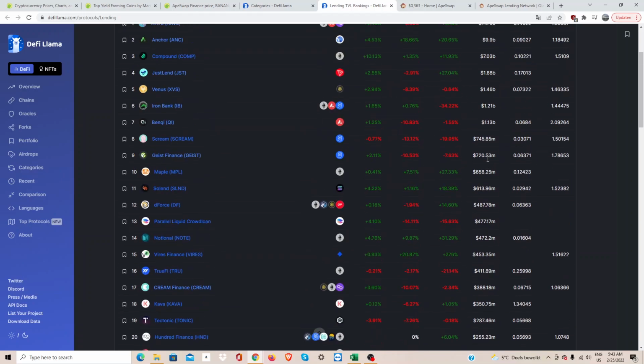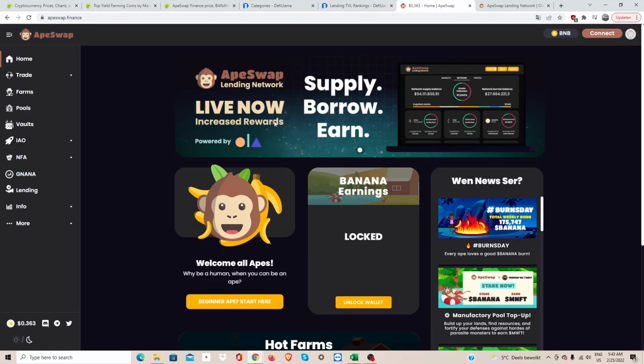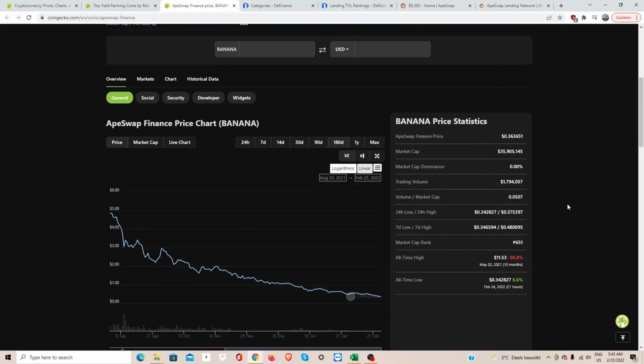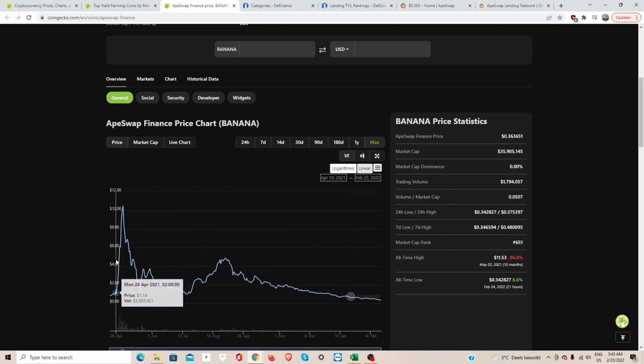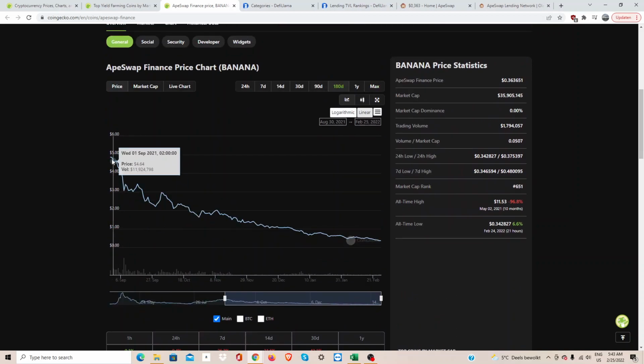And I decided to go for APESWAP, this website. This is their homepage. Why exactly APESWAP? Because if you take a quick look at the chart, if you take the max, you can see it's going pretty far down, just trending down. If you look at the last 6 months, you can see it just going down.